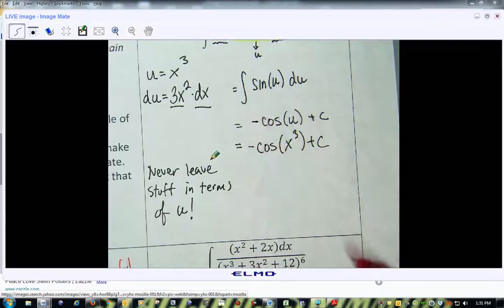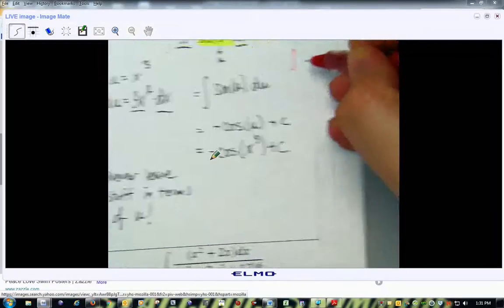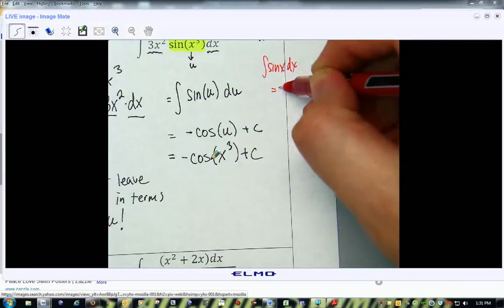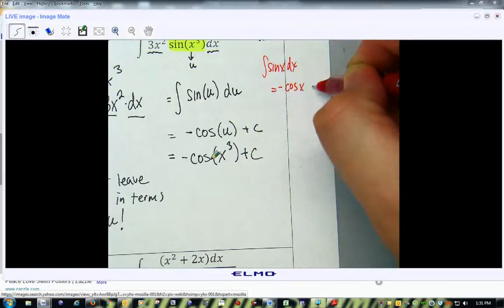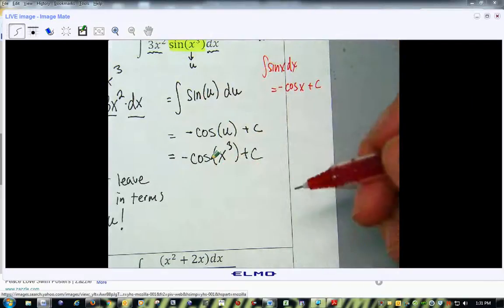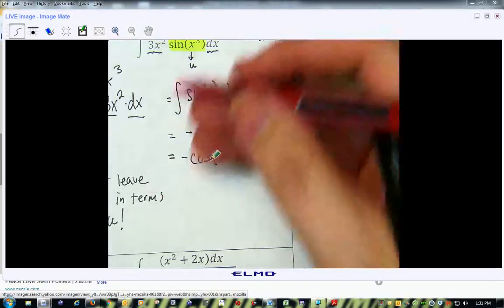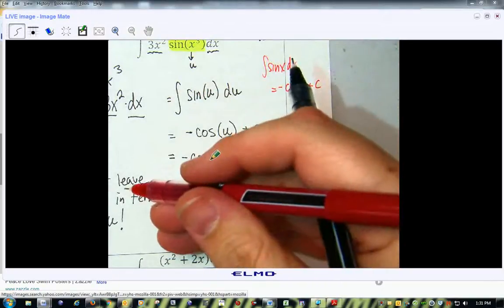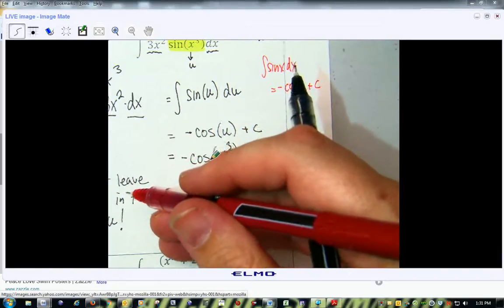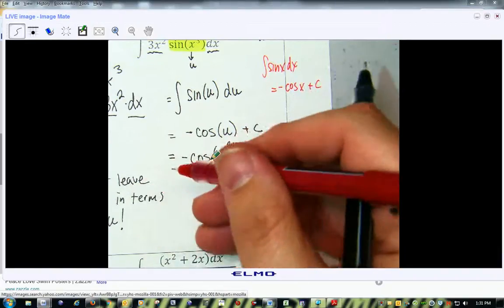If you have the integral of sine x dx, it's equal to negative cosine x plus c. So we got it to a form that we had a rule with. So if you can get it to a form that we have a property or a rule to integrate it with, that's what you want to do. So we didn't have to do anything with the u that was inside there.